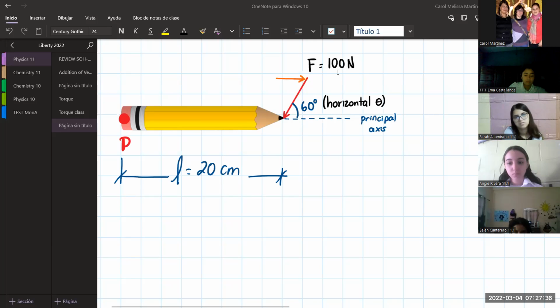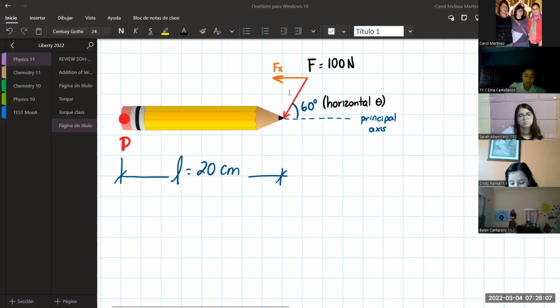Left. This direction is wrong because it should be, as you said, left. So the x component then is going to come in this direction, and I'm going to call this Fx.